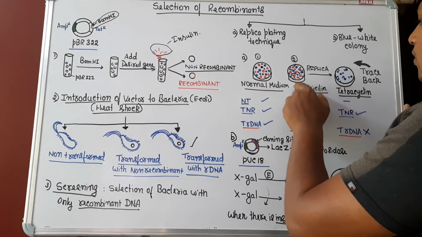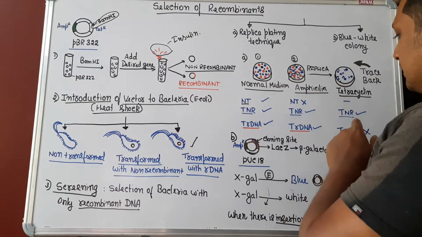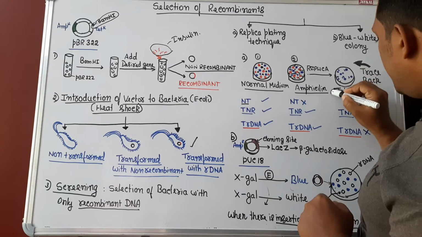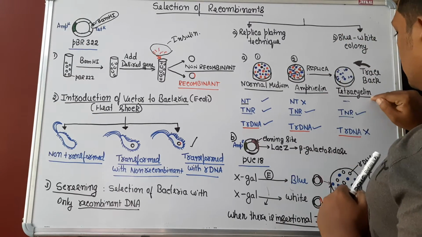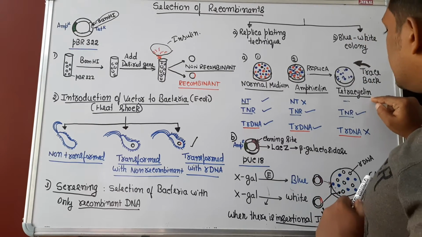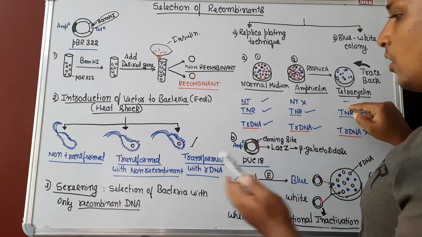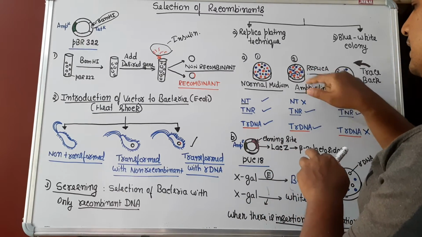When you copy it, all colonies will be copied, and this is called the replica plate. Now to that you pour tetracycline medium. When you pour tetracycline medium, non-transformants have anyhow been eliminated in the second case.